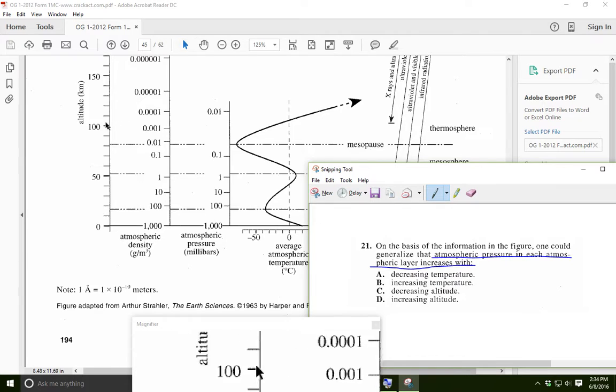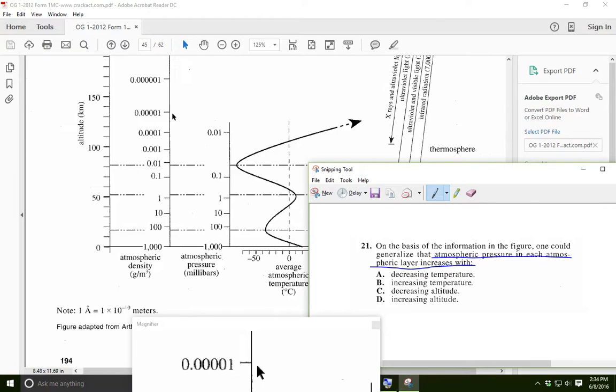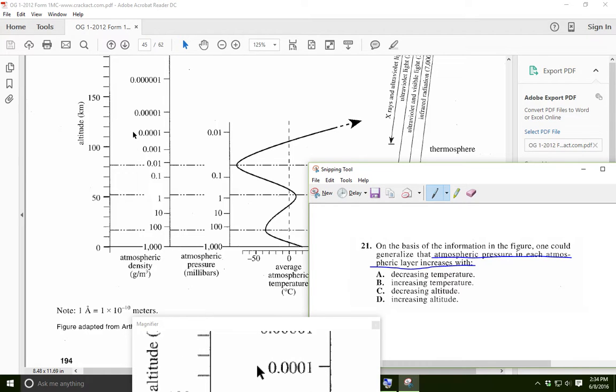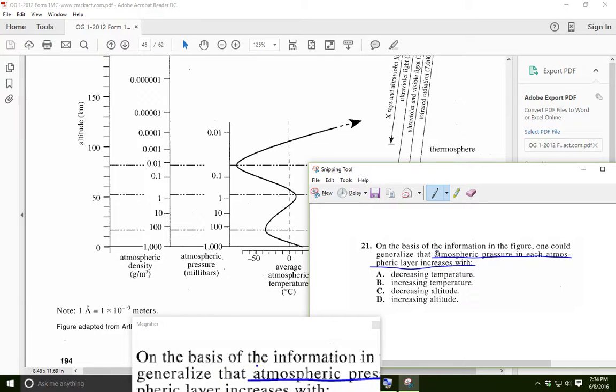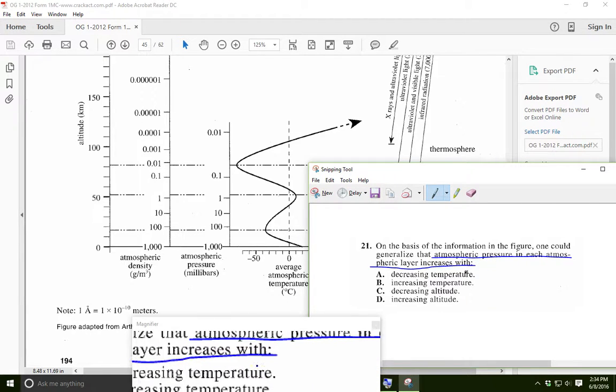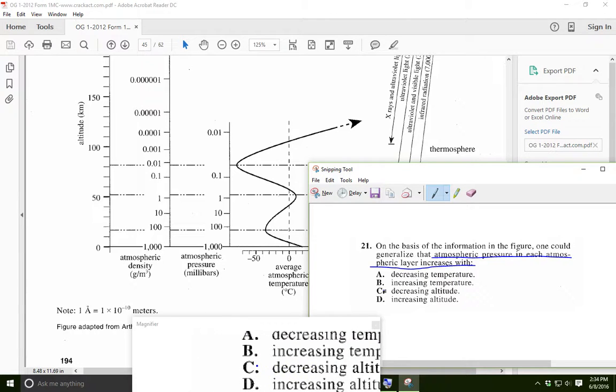As altitude goes up, so does atmospheric pressure... actually, pressure goes down. So since atmospheric pressure goes down as altitude goes up, that's an inverse relationship, which means that the atmospheric pressure in each atmospheric layer increases with decreasing altitude.